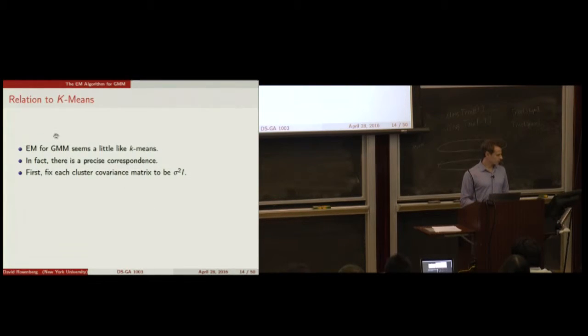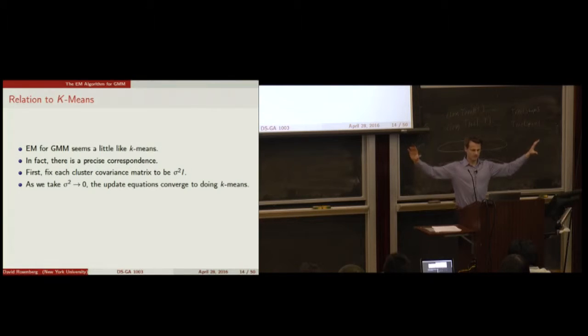Okay, in the Gaussian mixture model setting, however, if we fix our covariance matrices to be spherical, so not allowing stretched out covariances, and we have the variances going towards 0, so really tight Gaussians, then the probabilities of your cluster assignments do converge to 1 on the closest cluster in Euclidean sense, and 0 on the others, and then we do get a k-means algorithm pretty much exactly.